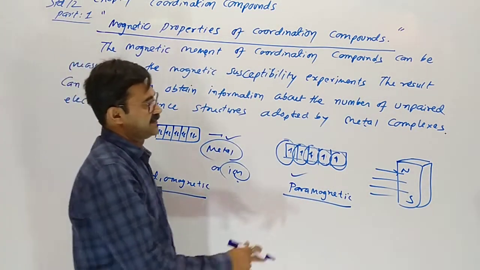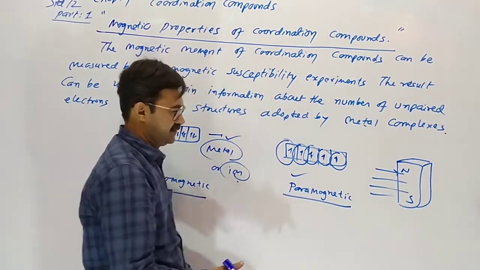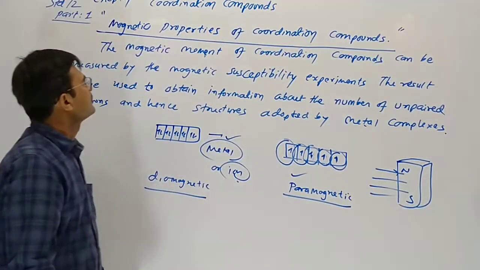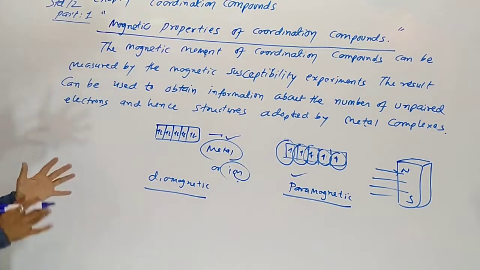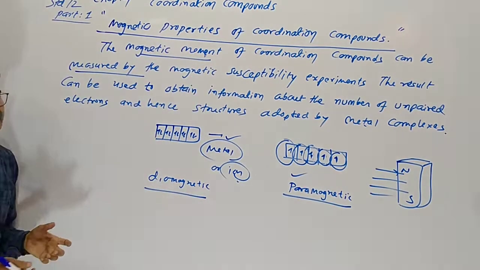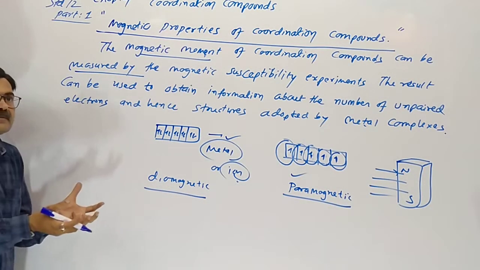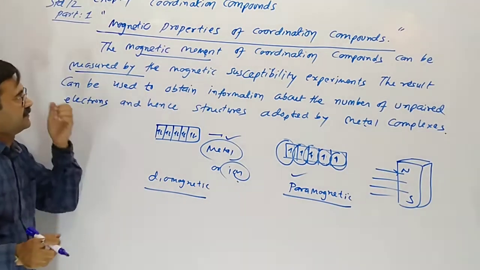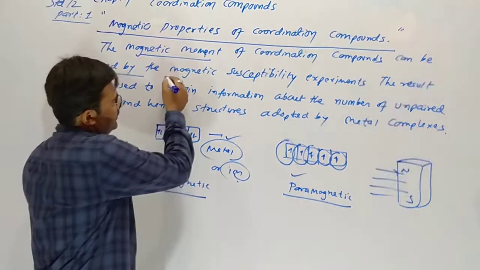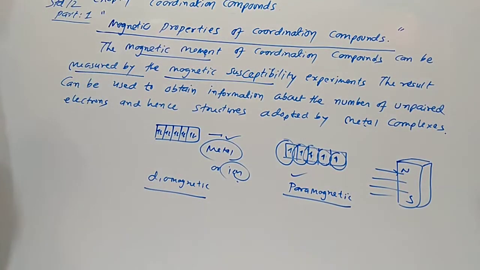With an increase in the number of unpaired electrons, magnetic attraction increases. The magnetic moment of a coordination compound can be measured; it is a kind of value. The attraction of the compound toward a magnet is measured by the magnetic susceptibility experiment.